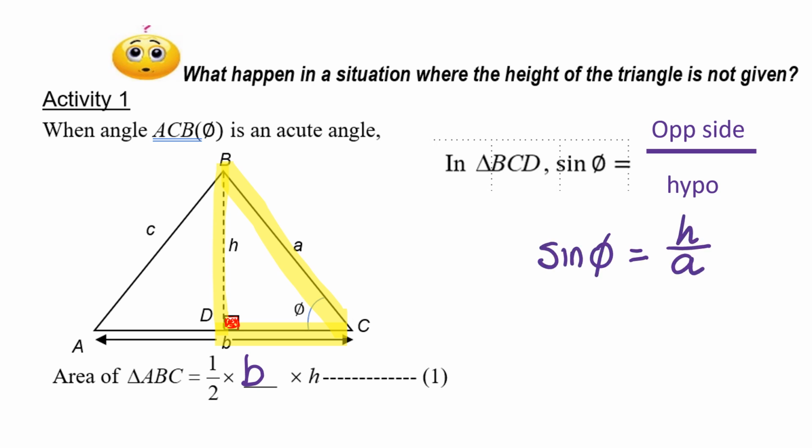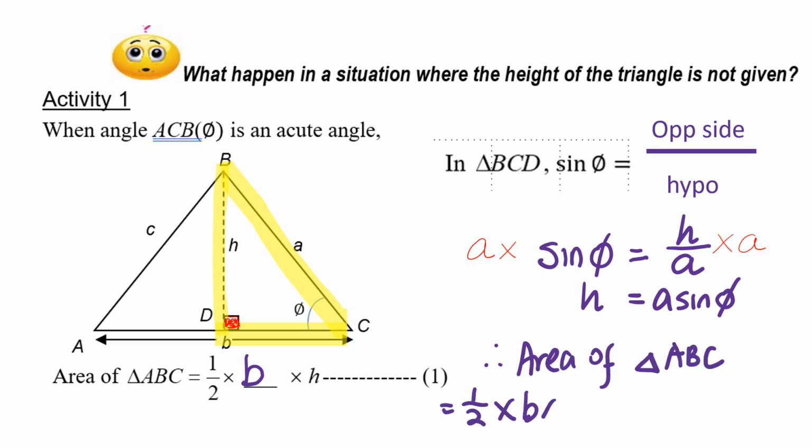All right, what we're going to do is multiply both sides of this equation by the letter A, and make H the subject of the equation, and you will get H equals A sine phi. So what we're going to do is substitute this value into equation 1.